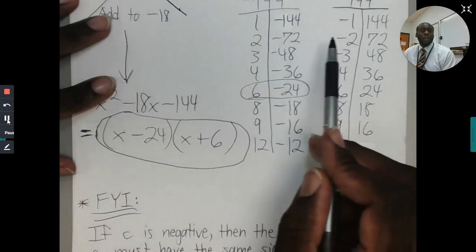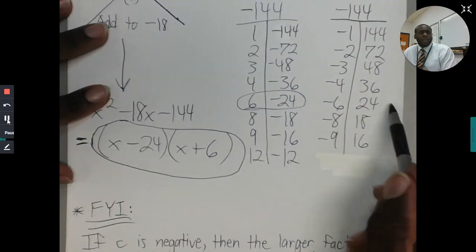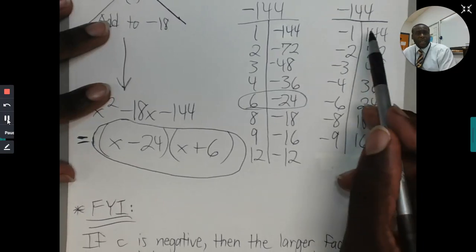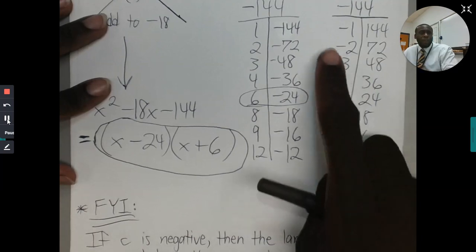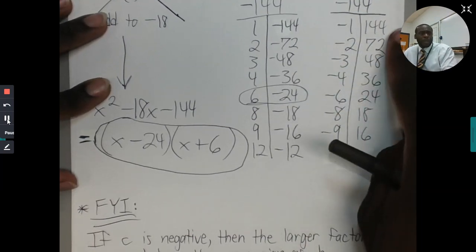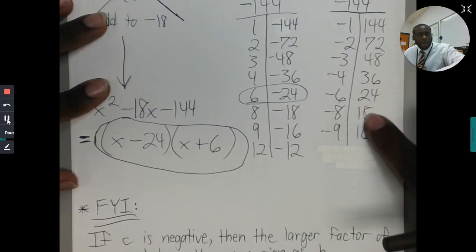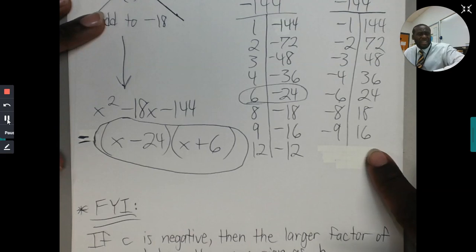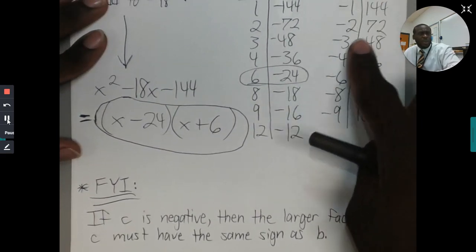When we look at our options, the larger factors of C, like 144, 72, 48, on the right side, were all positive, so none of these would have actually worked out.